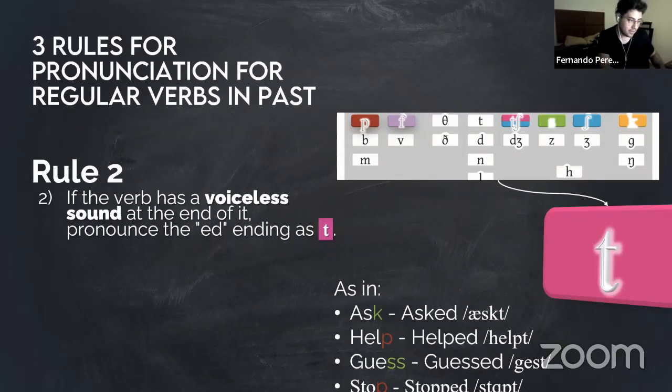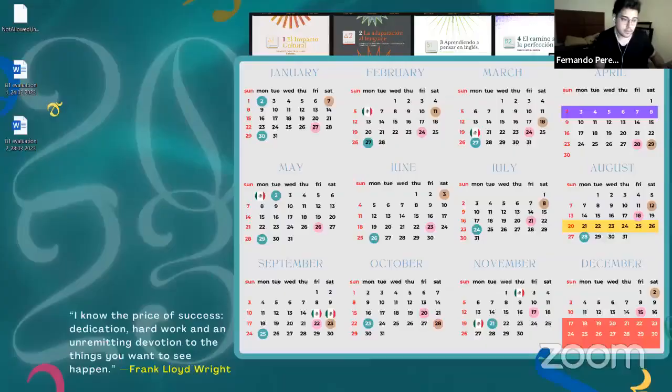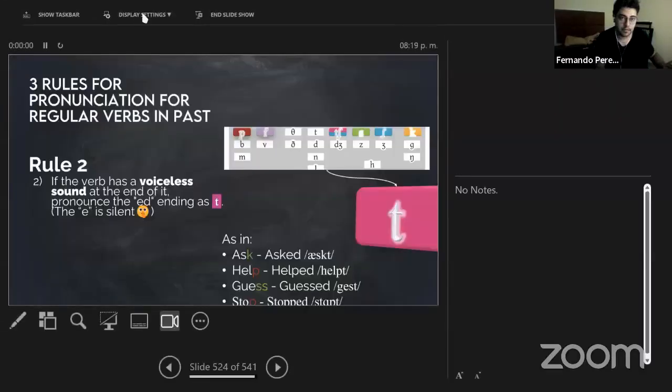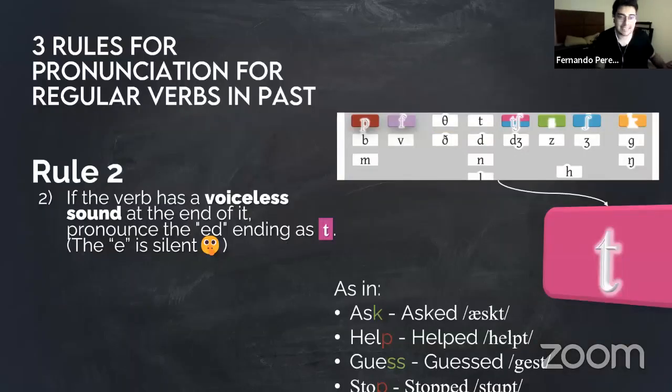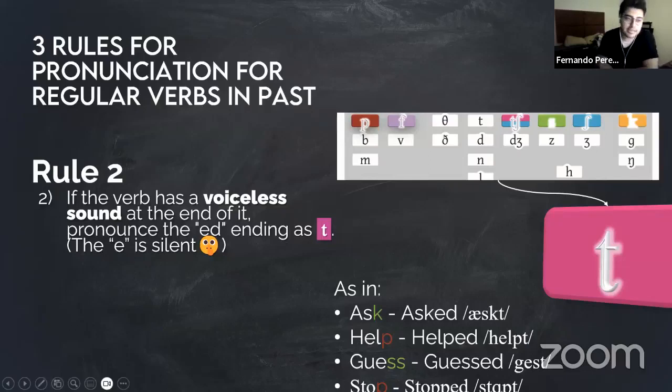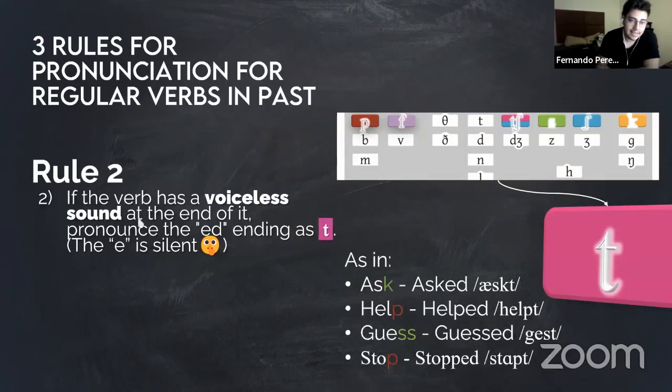The e is silent in this case. If the verb has a voiceless sound at the end of it, pronounce the ed as t. The e is silent. What is, in this case, a voiceless sound?